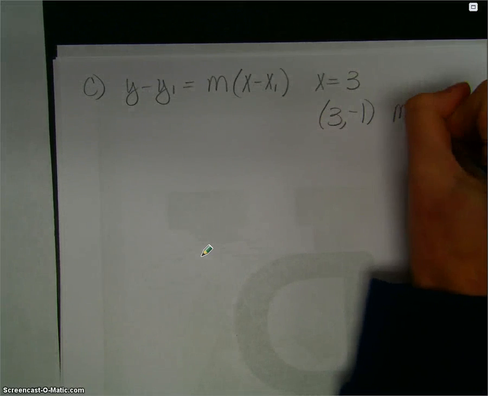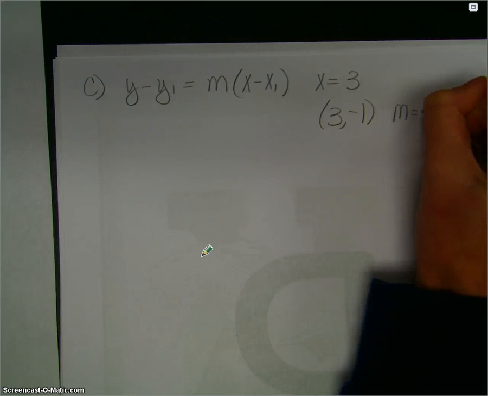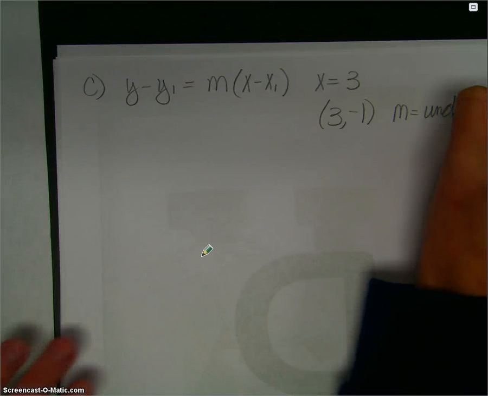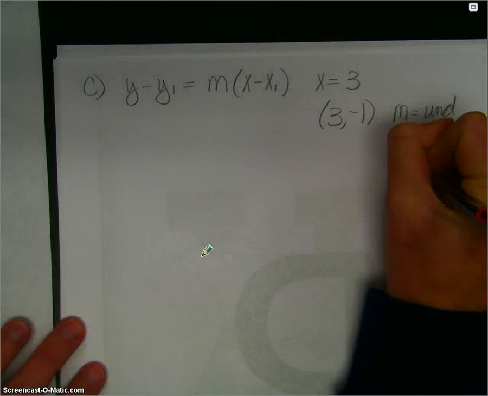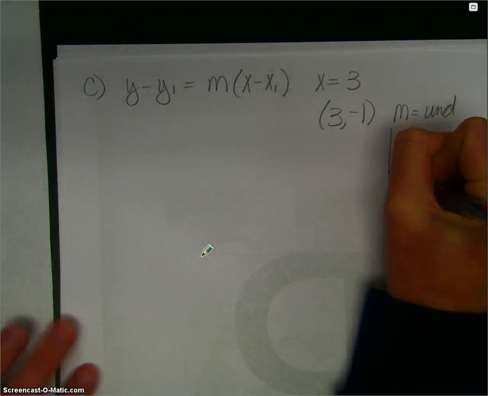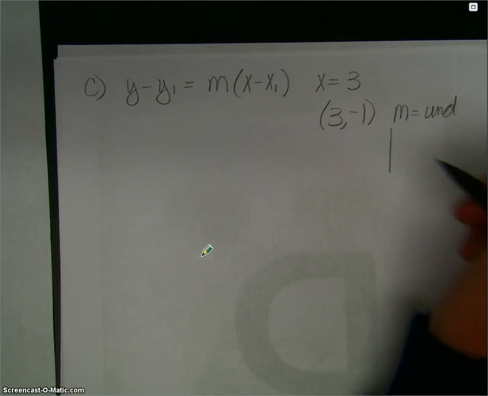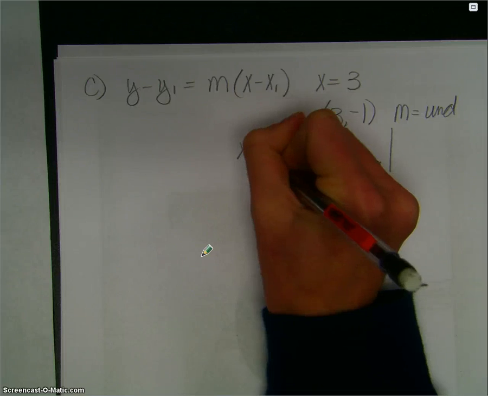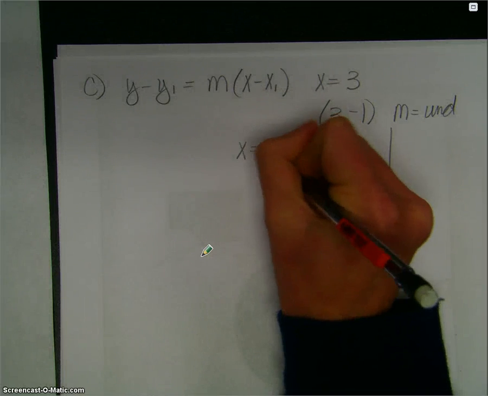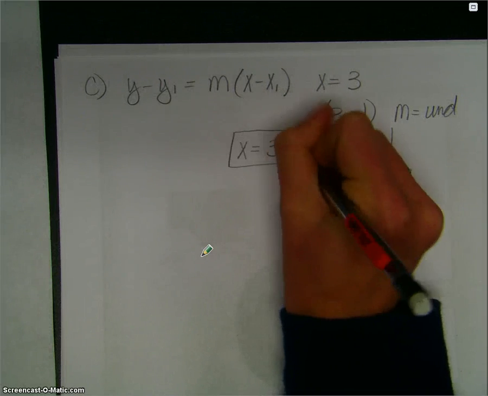Then I also want my slope. That is a sharp turn right there, so I'm going to have a slope that is undefined. A slope that's undefined is going to be a vertical line running directly through that point (3, -1), which is going to be an x equals line. So I'm going to say that the equation of that is x equals 3.